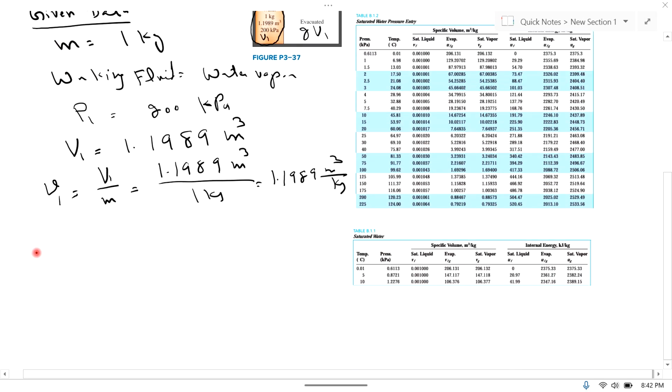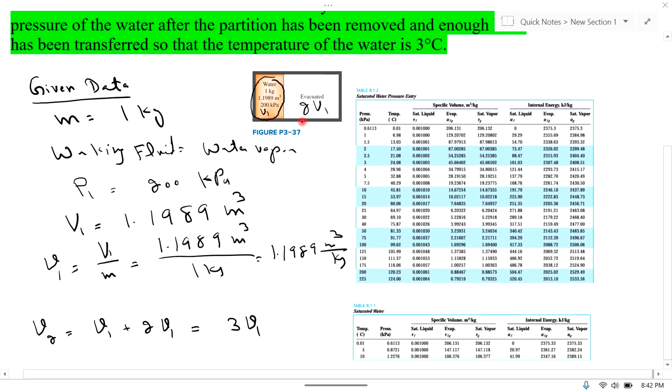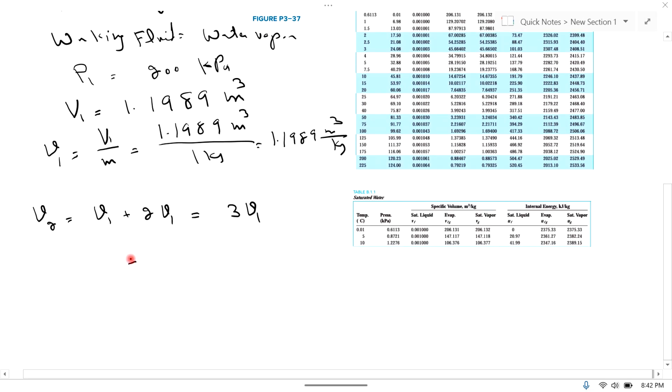So V2 is equal to V1 plus 2V1, which is equal to 3V1. It means that the total volume is 3 times the initial volume. This is the initial volume V1 and the whole space is the final volume. So V1 plus 2V1 is equal to 3V1, which is equal to 3 multiplied by 1.1989 meter cube per kg.